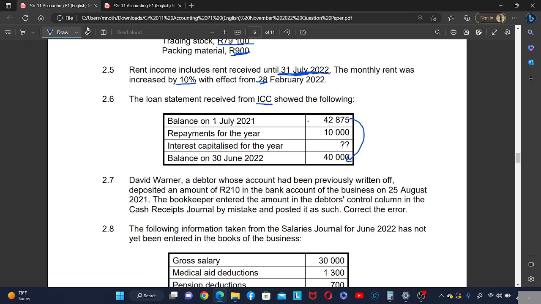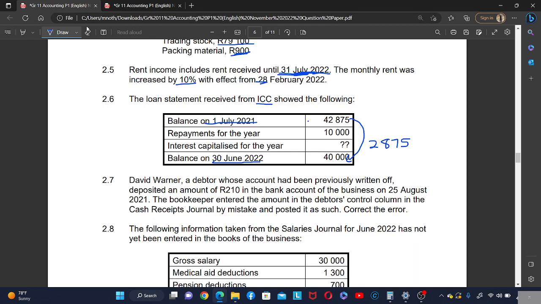Then they said the balance at the end, because this one is a balance at the beginning of the year on 1 July 2021, then this one is a balance at the end of the year on 30 June 2022. So if you look, this loan decreased by 2,875. It was 42,875. It decreased to 40,000.